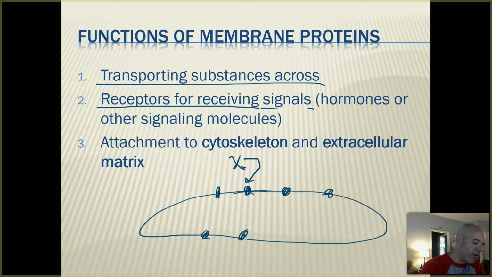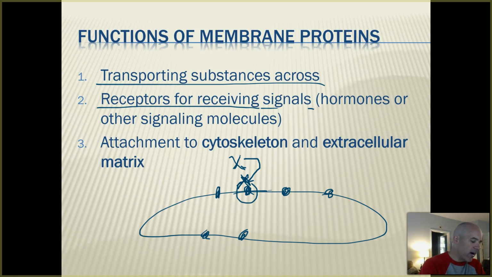If this is a receptor for that hormone, it will very strongly attach to that receptor. And that's often like a switch gets flipped inside the cell that is telling the cell it has to make some sort of response. It either has to do something it wasn't doing before or stop doing something that it has been doing. So cells and glands in your body send lots of chemical signals to each other.